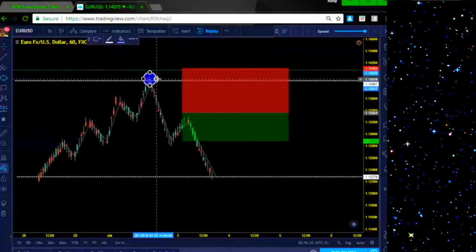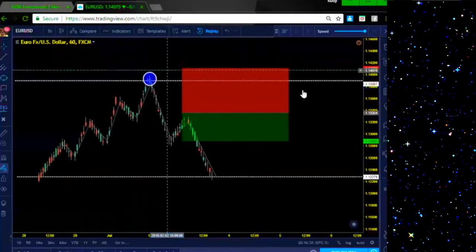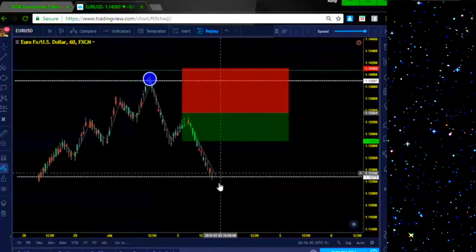So above the recent high in the case of a downtrend, in the case of an uptrend, beneath the lows. Okay.